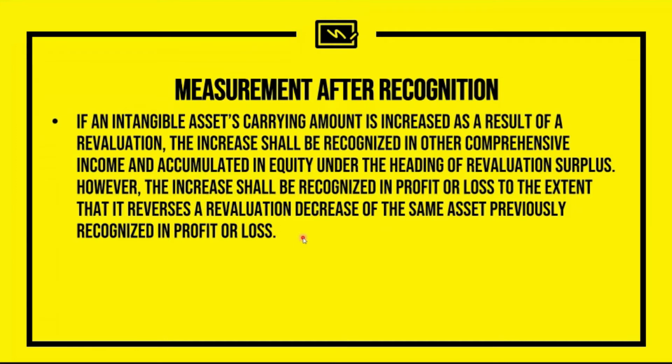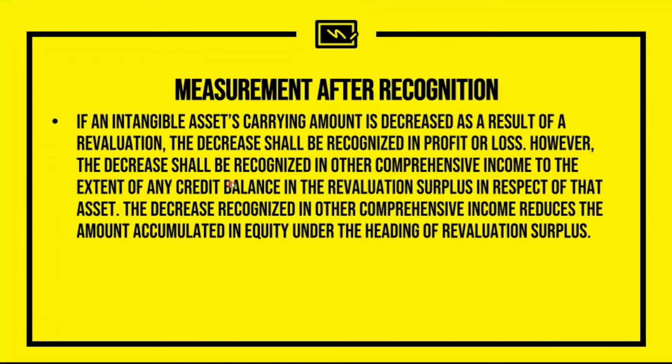So meaning, if there was a previous impairment loss before we recognize any revaluation surplus, we first reverse the impairment loss, similar to what we learned in IAS 36. If there is a decrease as a result of revaluation, meaning there is a reduction in the value under the revaluation model, then we are going to recognize that in profit or loss.